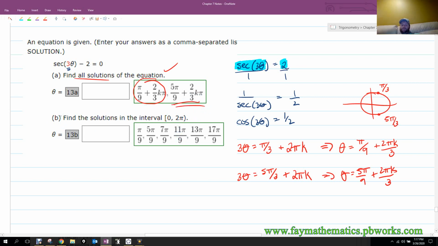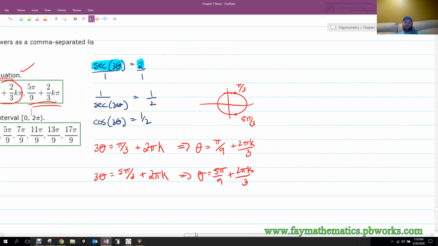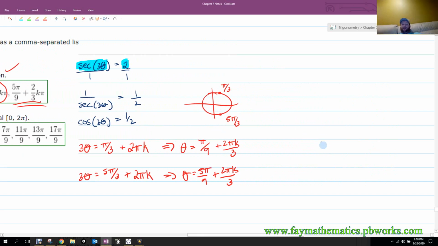Now, part B is the situation where they ask you to find all of your solutions between 0 and 2 pi. Well, that means if I go k is 0, 1, or 2, I will find all my solutions.